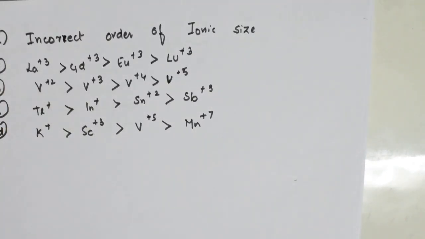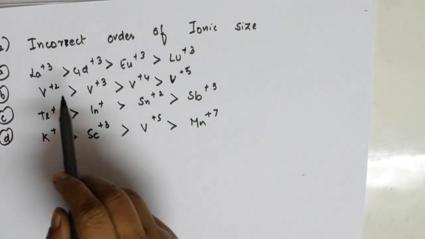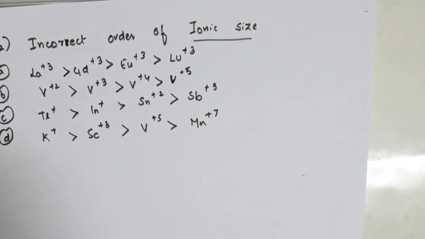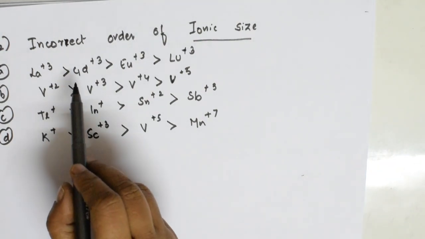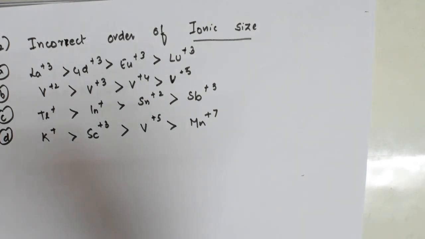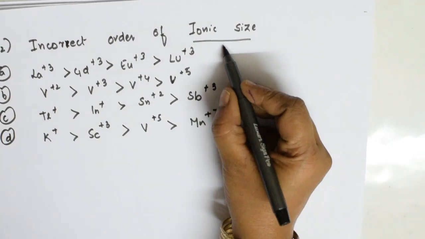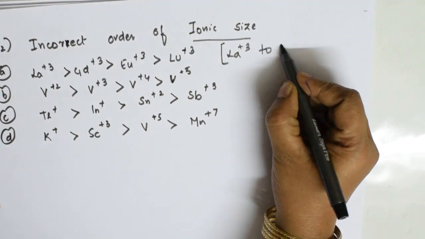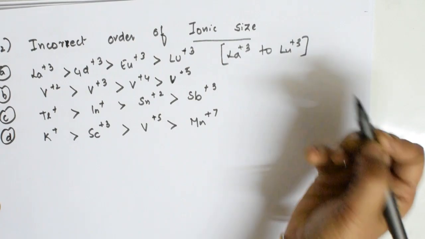Right, let us see this. Now they have asked me to check the incorrect order of ionic radius, right? So again, let us justify the incorrect order of ionic radius. I have to check which is wrong. Now when I see the first option, lanthanum, Gd, Eu and Lu, the first important thing is, when we move from left to right, that is from lanthanum plus 3 to lutetium plus 3, what happens due to lanthanide contraction?